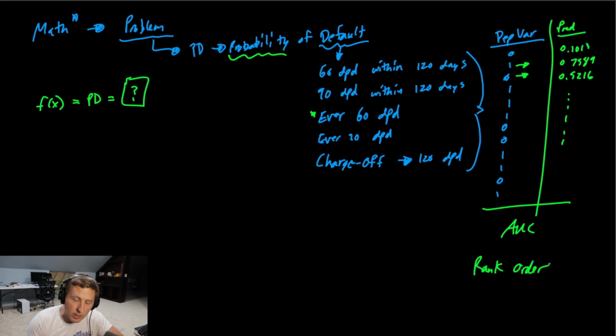What this means is, if your probability of default is 0.5, everyone that looks that exact same with a 0.5 score should perform significantly better than somebody that has, say, a 0.7. So we're trying to rank order the risk.